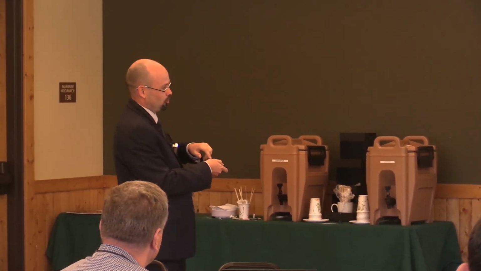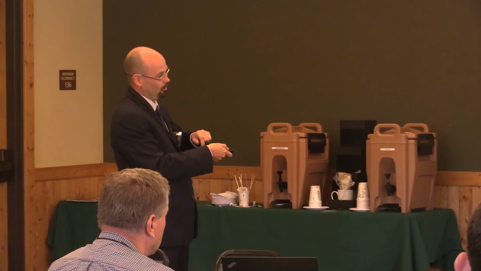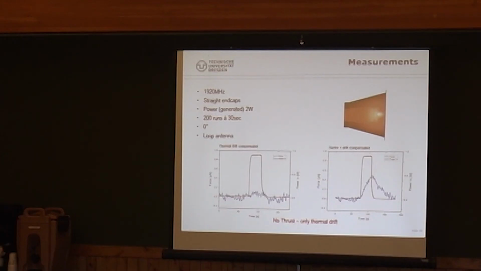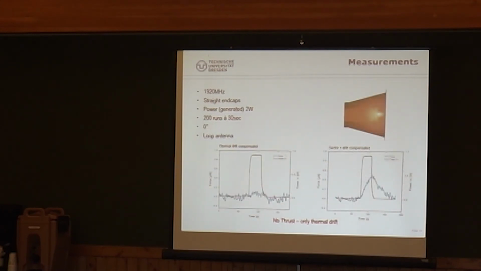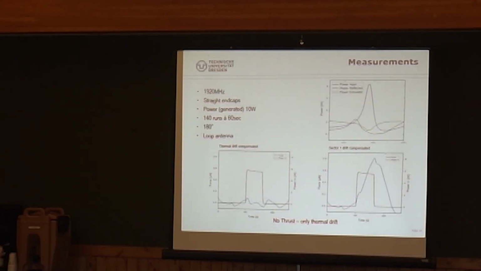Overall, drift compensation shows just noise, and respecting only sector 1 we see most likely thermal behavior. We did further measurements with the same frequency, also with straight end caps, but in this case with even more power, up to 6 watts at my power meter on the input side.